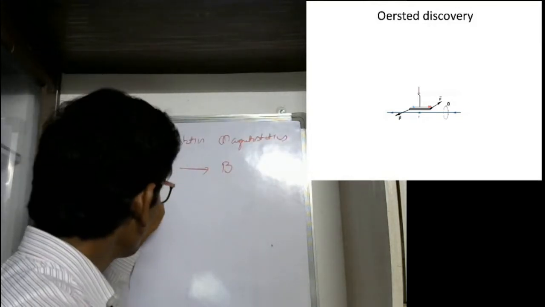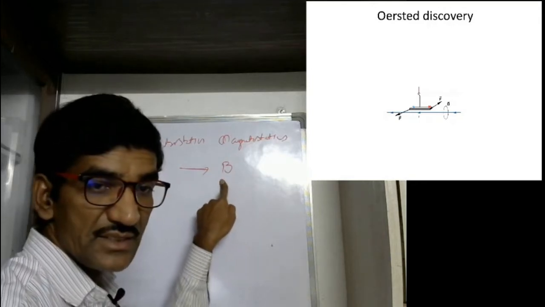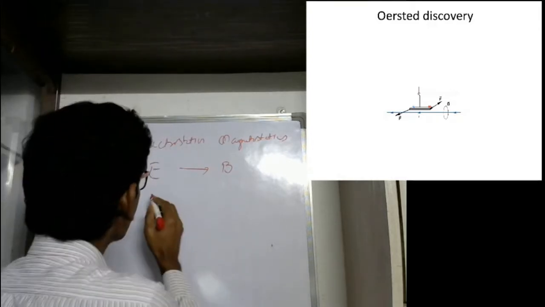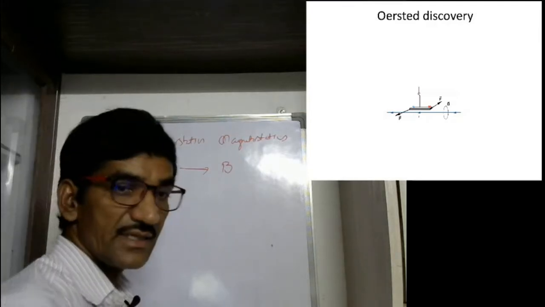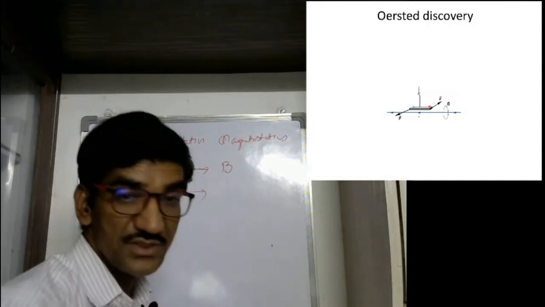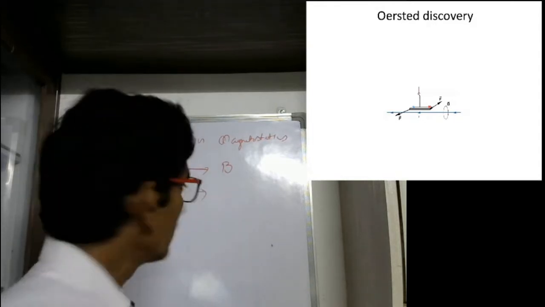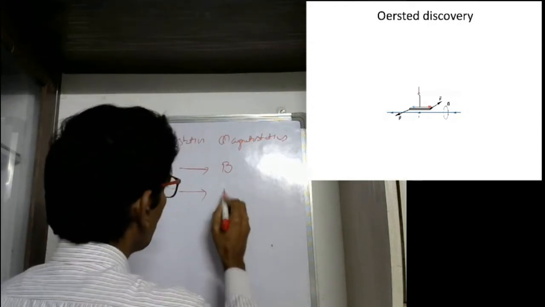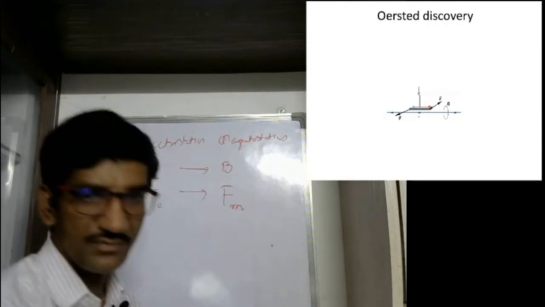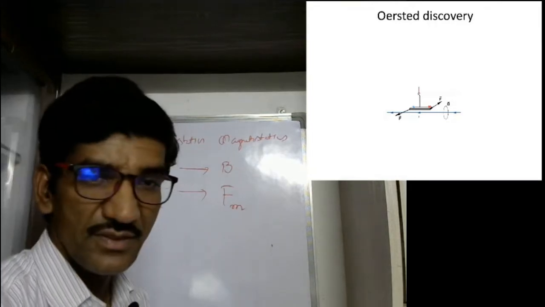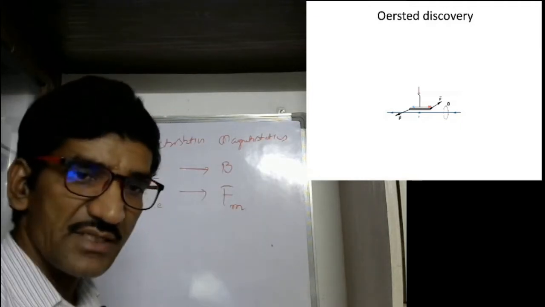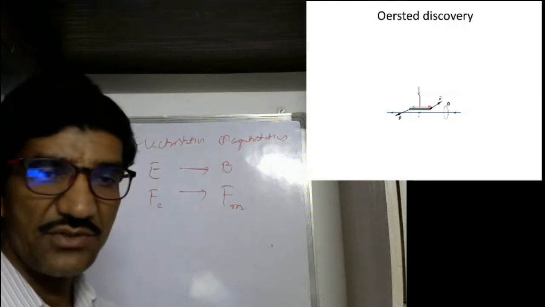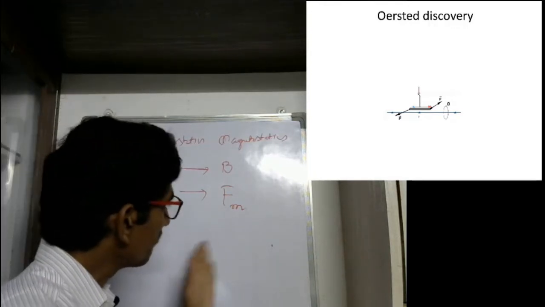See, in the place of E, you get B, capital B. Here, in electrostatics, you have electric field and electrostatic force, Fe. In magnetism, you have magnetic force, Fm. In the place of electric field, you have magnetic field. In the place of electrostatic force, you have magnetostatic force.